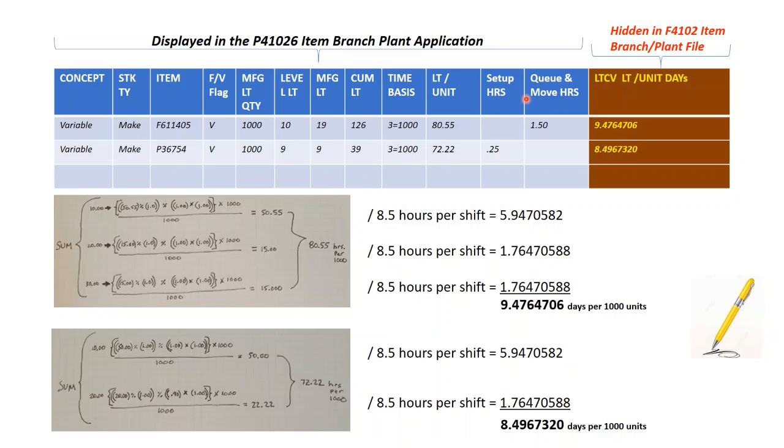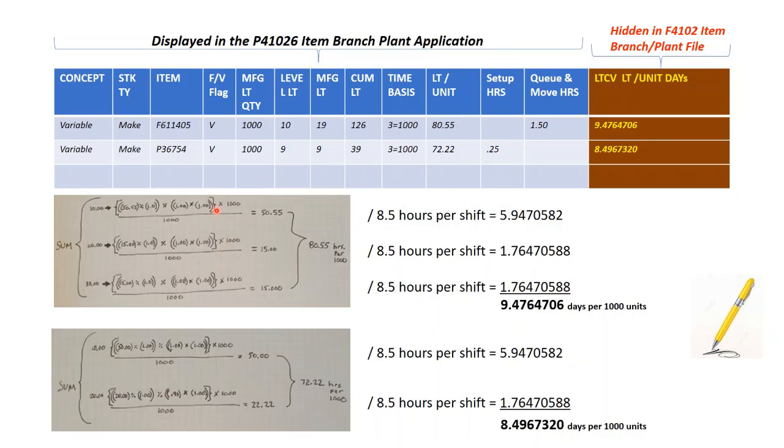The lead time per unit days is going to take these lead time units and convert them into how many days it takes to make that 1,000. Remember, our time basis code was 1,000? And to make 1,000, that's 80.55 hours. Well, how many days is that 1,000?